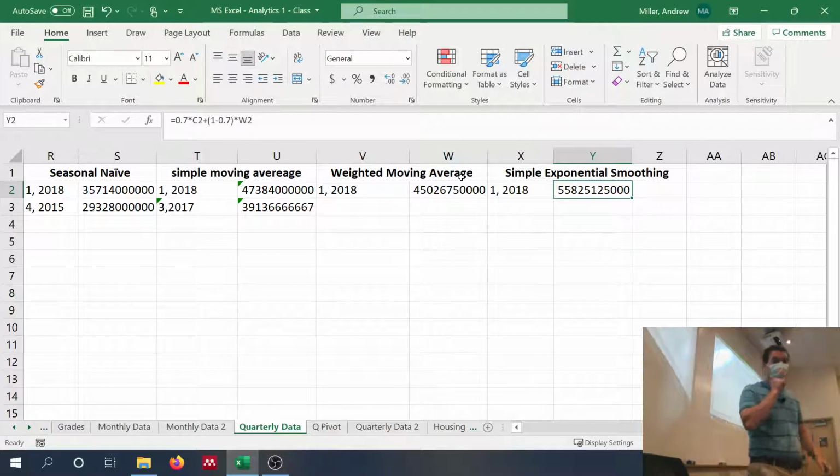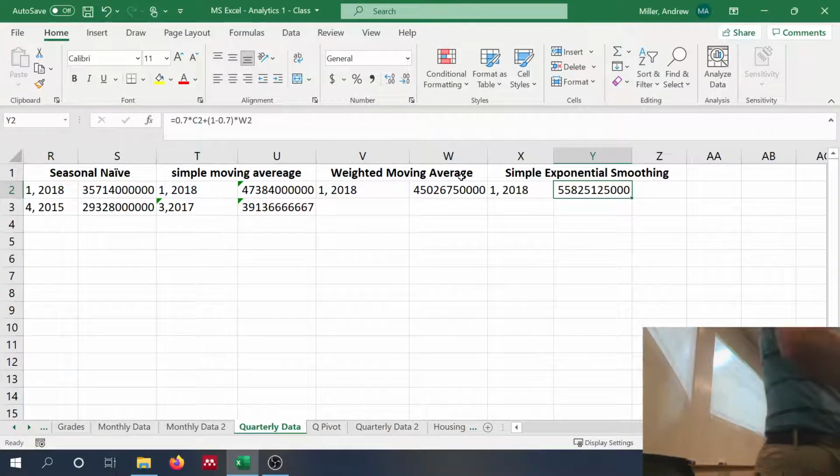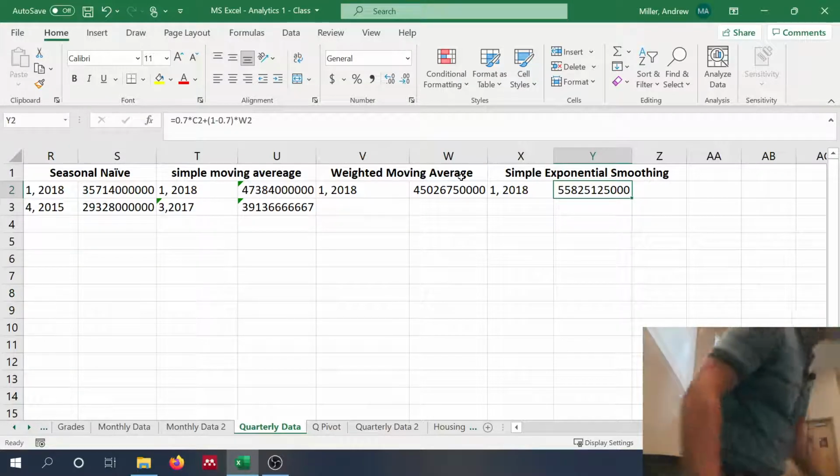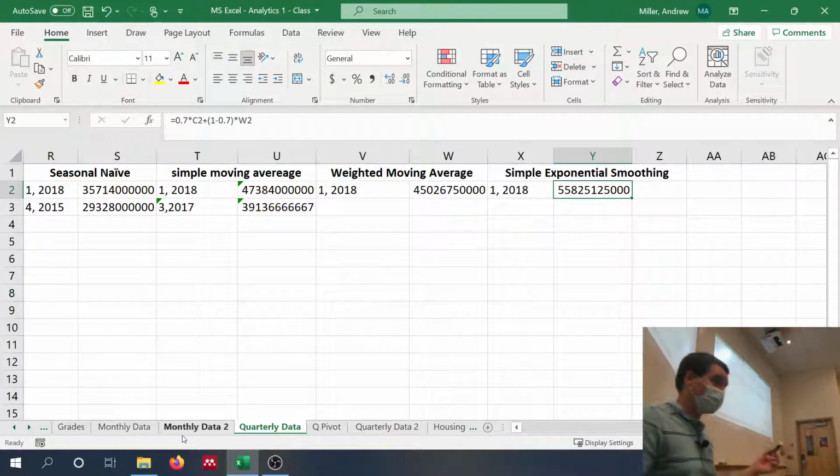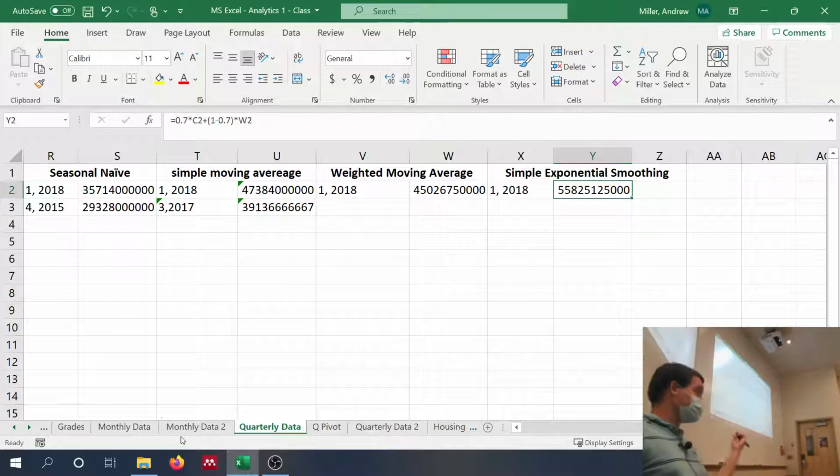All right. We've got time. I think this class ends at 10 a.m. We've probably got time to go through one more monthly data example. Do you guys want to do that? I'll tell you what I'll do. Some people in here may be bored. They may want to go do other stuff. I'll go ahead and dismiss class, and if you want to stick around to watch one more example, you're free to. If you want to leave, no hard feelings at all. So take just like 1 minute if you want to leave.